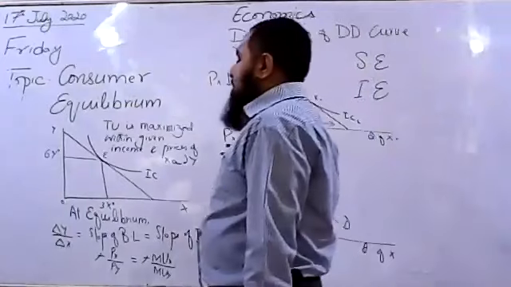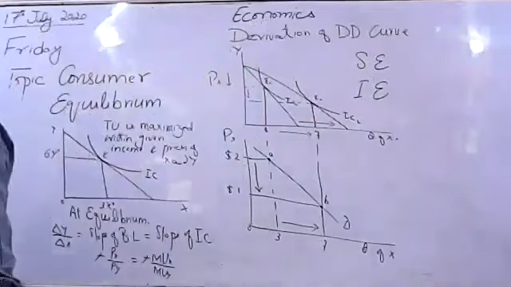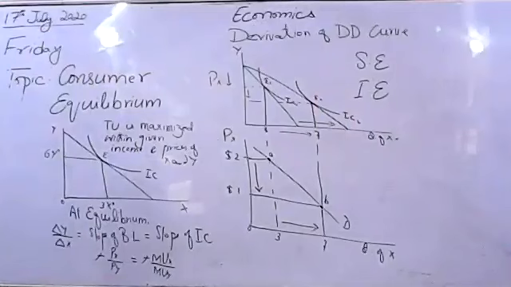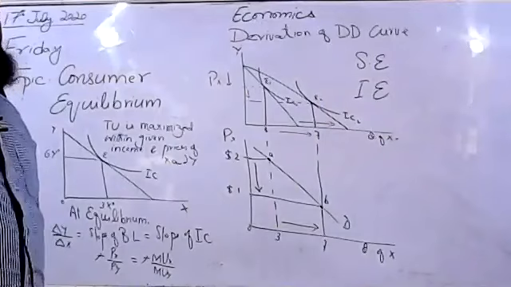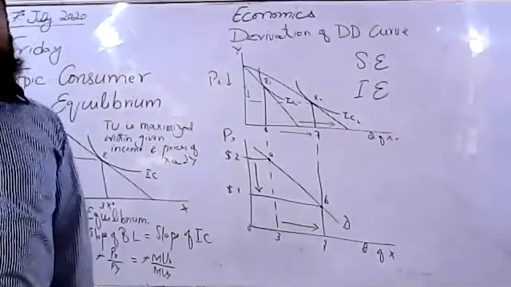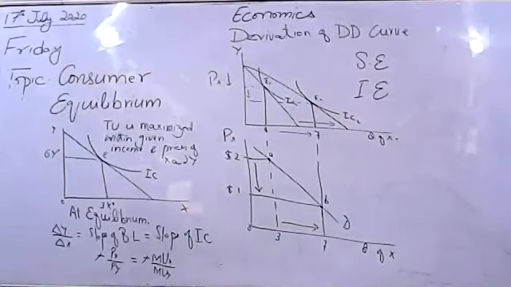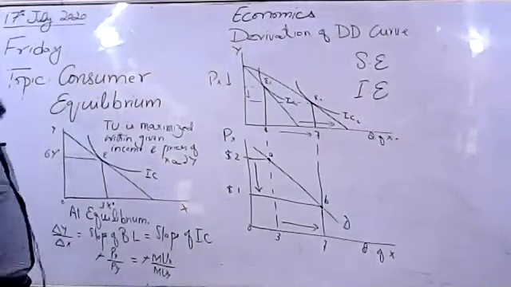That's all for today. We will meet in the next class to see how normal goods have a downward sloping demand curve, what is working behind this demand curve, and why the Giffen goods demand curve is upward sloping. We'll be analyzing them one by one in our next classes.